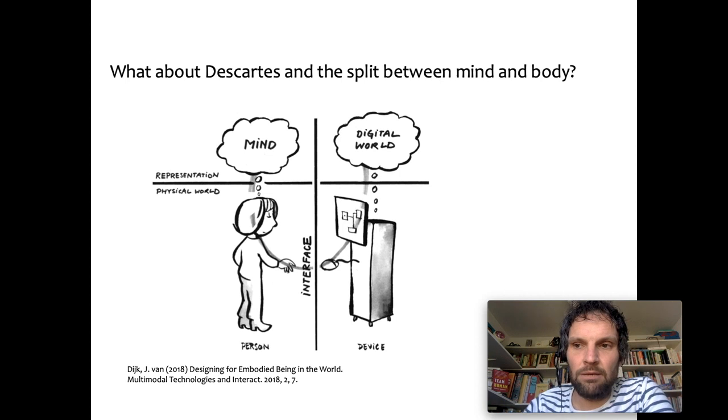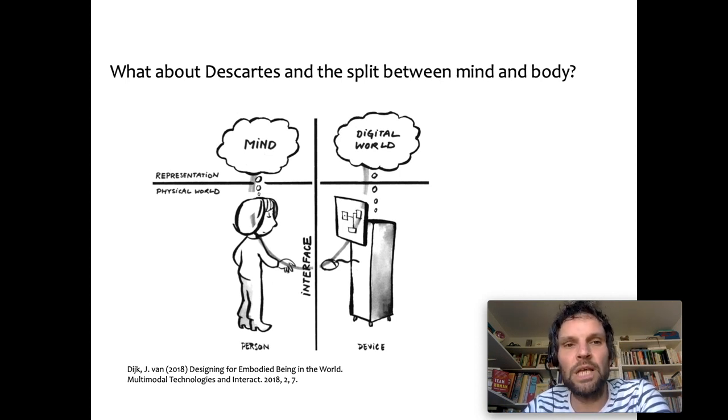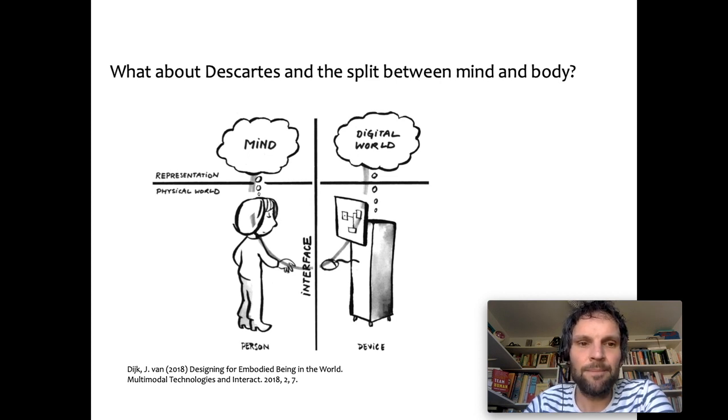Now, but that's not the end of the story, because what about Descartes and this split between mind and body, right? I said we were going to resolve one split today, and that's the split between internal and external.